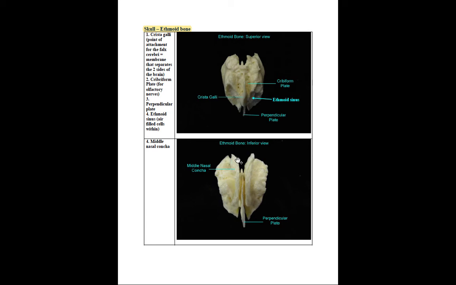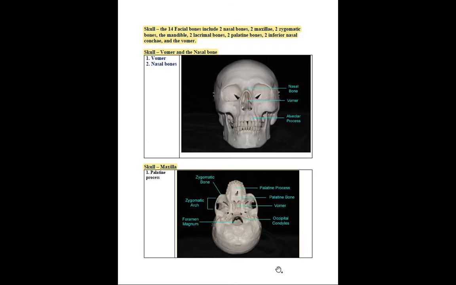So middle nasal concha here is going to be part of the ethmoid bone. And again, I'll point these out again on the skull, and we're looking at it from an anterior view. You can see this feature of this bone will stick down into the nasal cavity. And they'll be important in terms of when you get to the respiratory system.